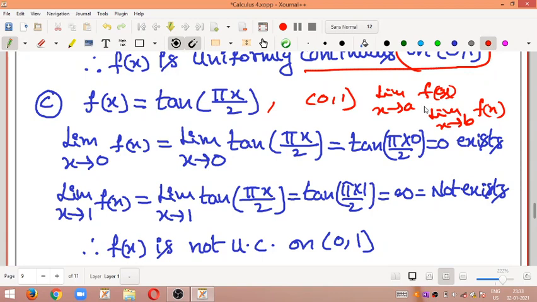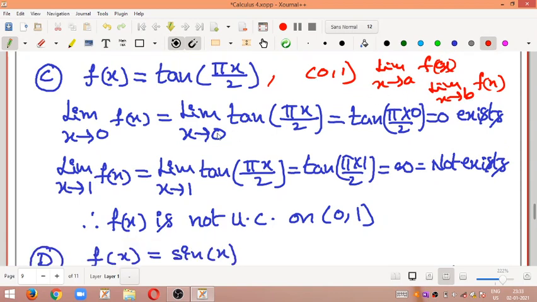If both exist and are finite, then we say that f is uniformly continuous. For a = 0, f(x) = tan(πx/2), so π·0/2 gives tan 0, which is 0. This value exists and is finite.